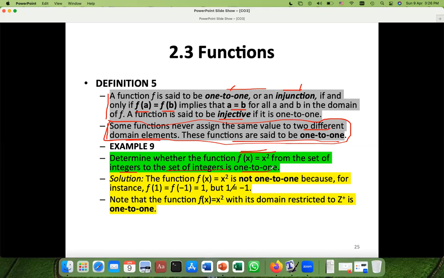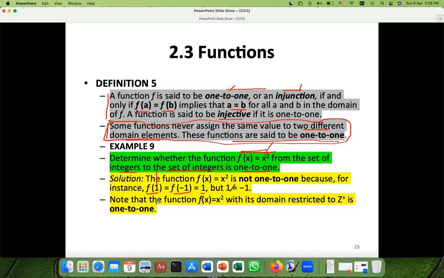How can you check? You have to check the domain values. Here we are saying that it is not one-to-one. What is the reason? When we take the value 1 and apply the function x squared, the square of 1 is 1. And if we take minus 1, the square of minus 1 is again 1.